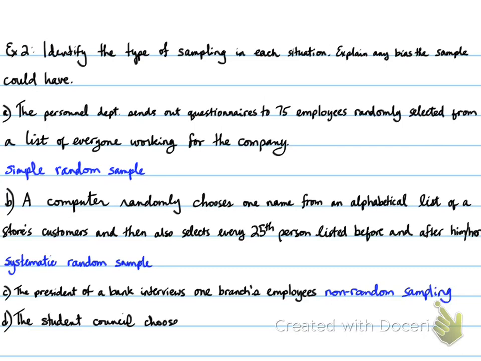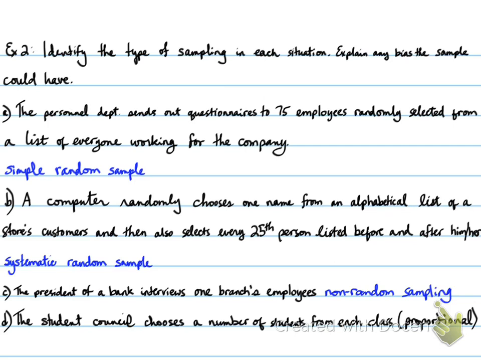Next one. D. The student council chooses a number of students from each class, a proportional number from each class. So they go around, let's say, to period 1 classes and choose 10% from each class in all the classes and ask the survey.